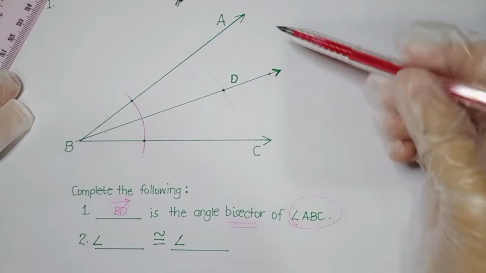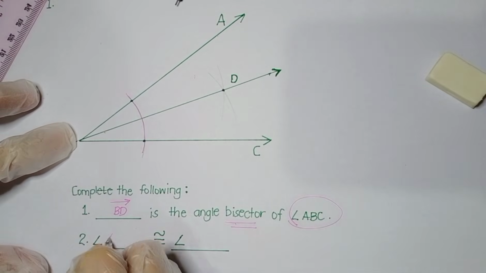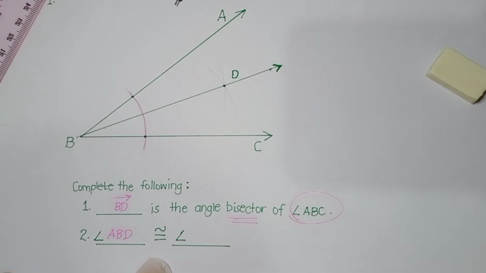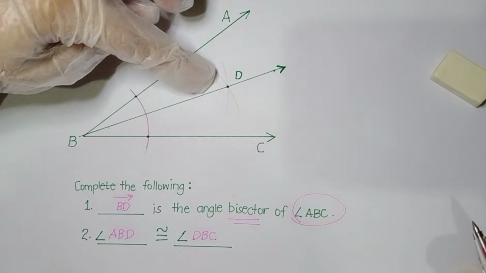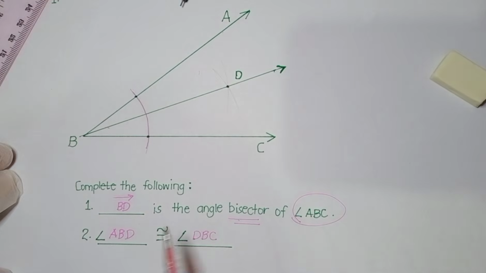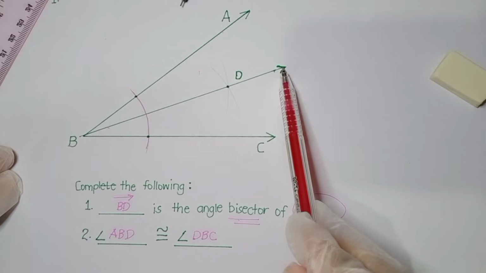We have angle ABD is congruent to angle DBC. Why? Kasi po, meron siyang angle bisector na ray BD.